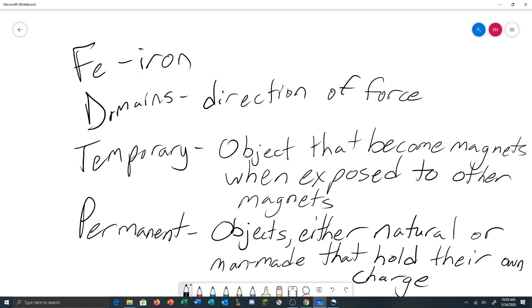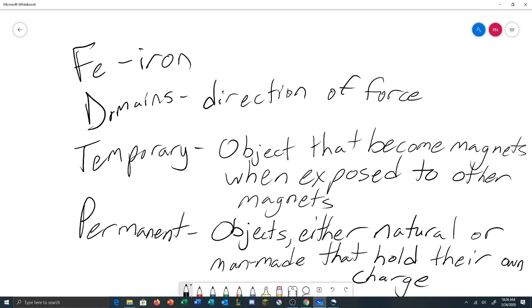They can be in all different directions if they're not a magnet, but if they are, those are all lined up. The domains are all facing the same way. Temporary magnets. Any piece of ferrous material that when exposed to a magnet lines up its own domains, so it becomes a magnet as well, as long as that other magnet is still there. As soon as you take that magnet away, that's why it's called temporary, that charge goes away too.